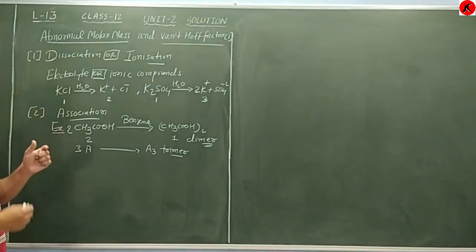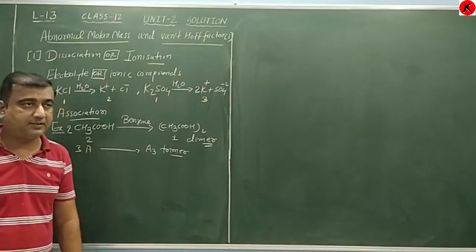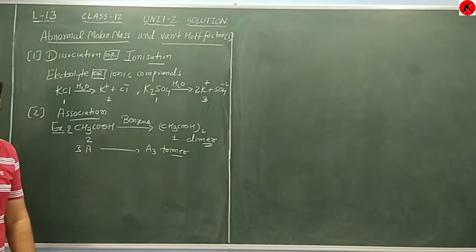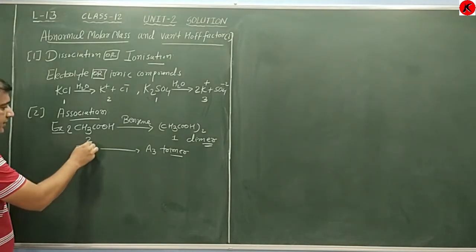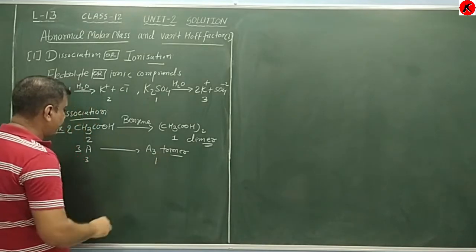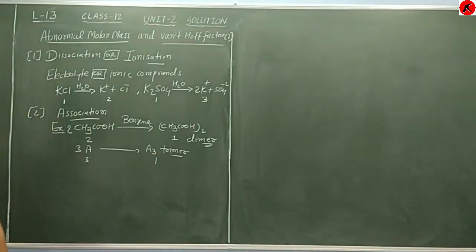That means when dissociation or association occurs, the number of particles changes. In case of dissociation, the number of particles increases. In case of association, the number of particles decreases.